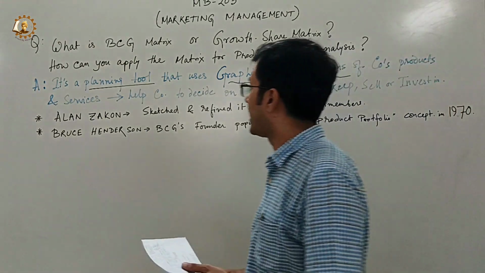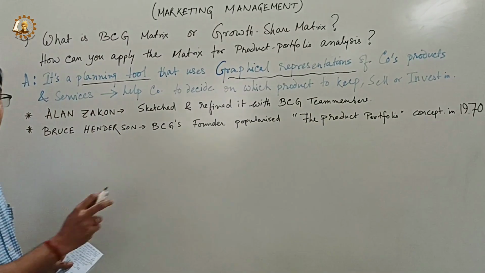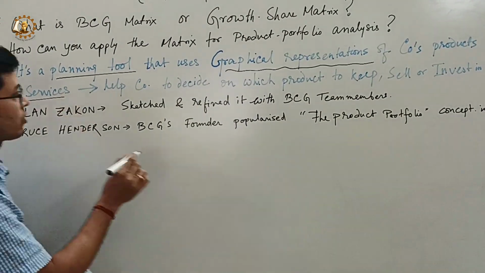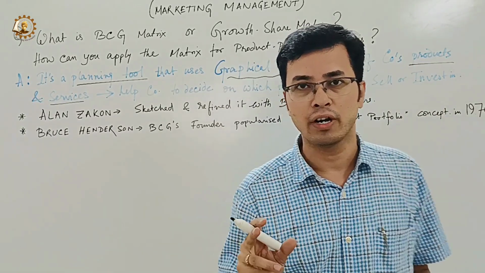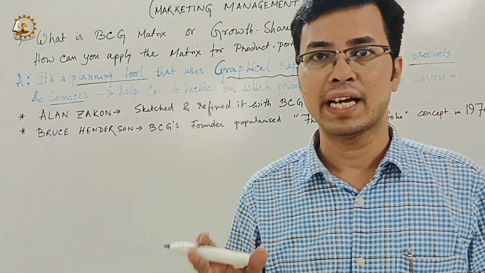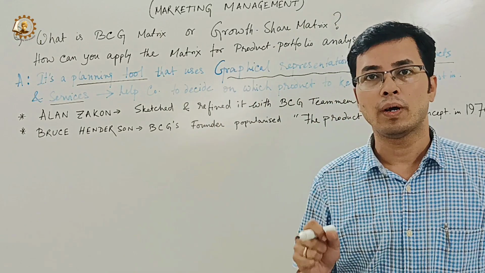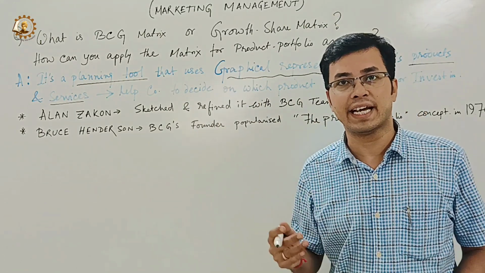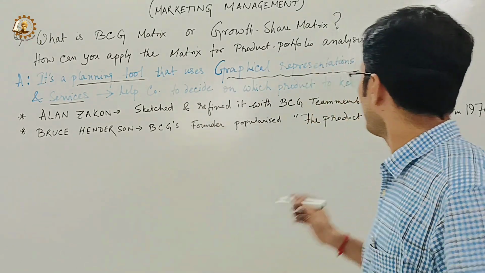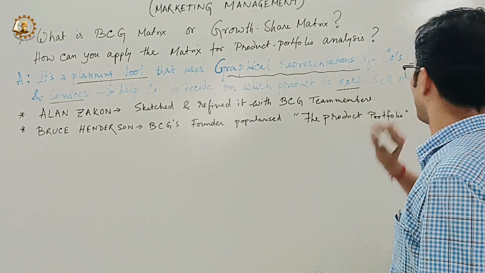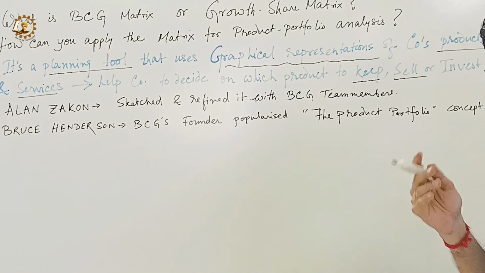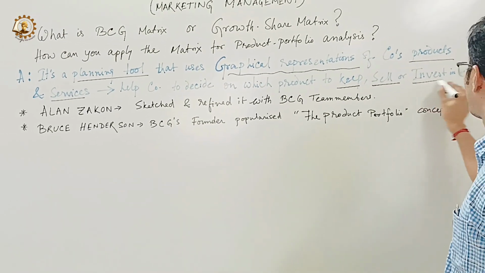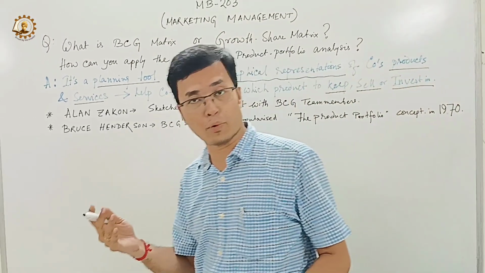It could be either products or services that the company is going to focus on. They have to decide which product to invest in, which product to divest, and which product to re-engineer or re-innovate. So the strategy is which product to keep, which product you can sell or divest, and which product you should invest in so that you can grow that product.